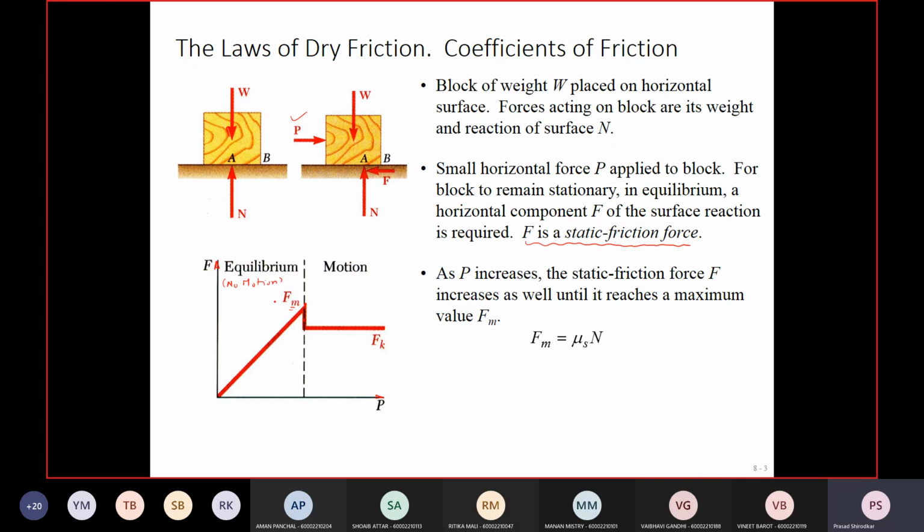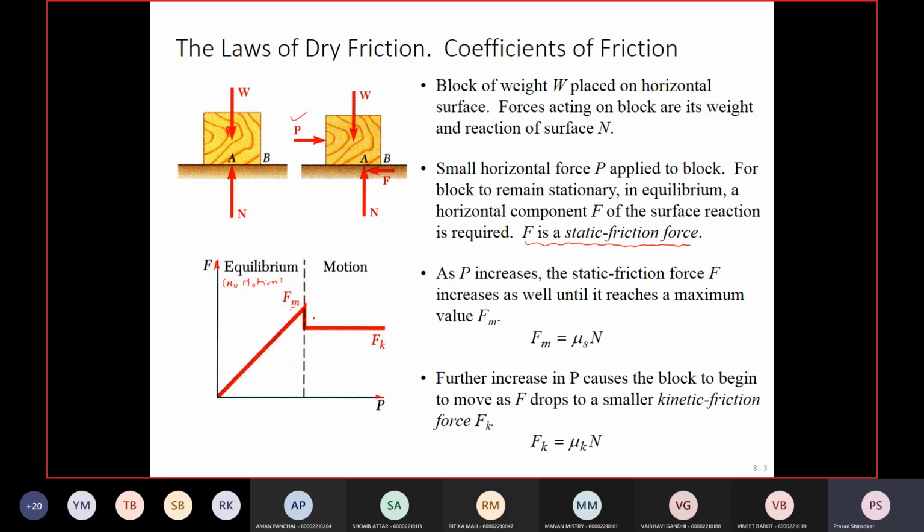Now, the moment this applied force exceeds this value Fm, the system starts to move, and the frictional force drops to a smaller value, and that force is called kinetic friction.